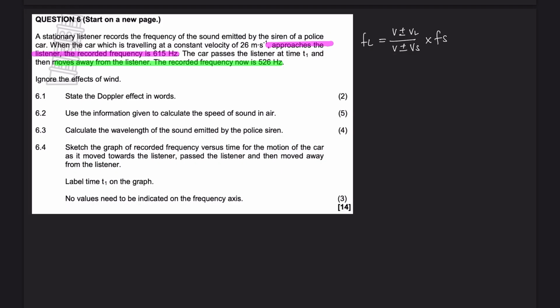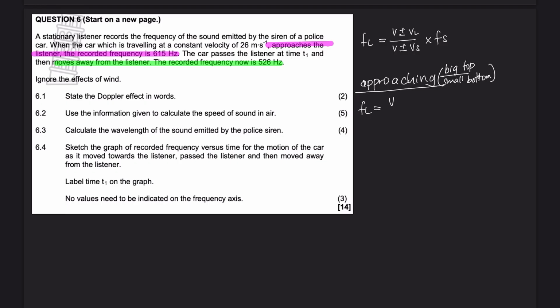Okay, so when it's approaching, we're going to say FL equals V. Now when it's approaching, just remember the following: it's going to have a big top and a small bottom.